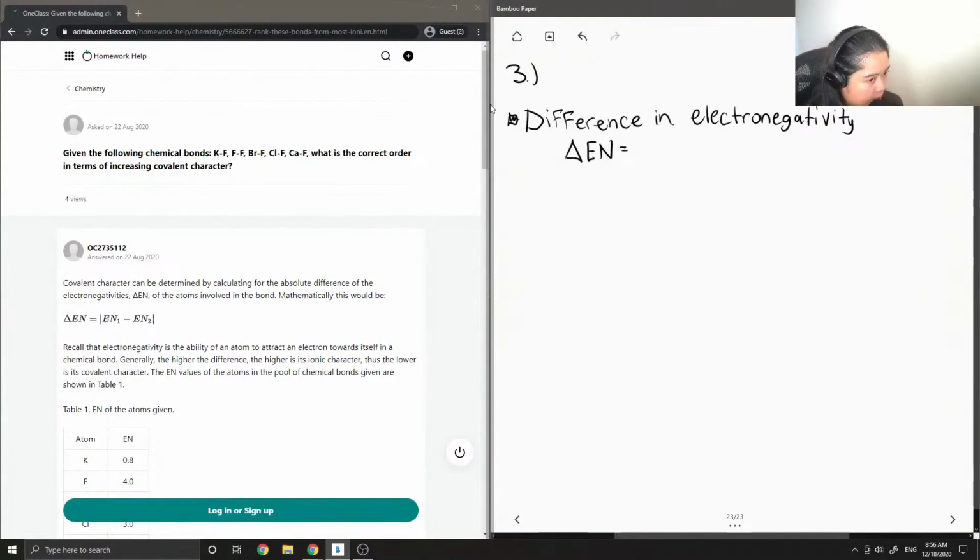So delta electronegativity can just be found by taking the difference between the electronegativity of one and the electronegativity of the other. Notice that we're only interested in the absolute value. So if we were to get a negative difference, we would just look at the positive value of that number.